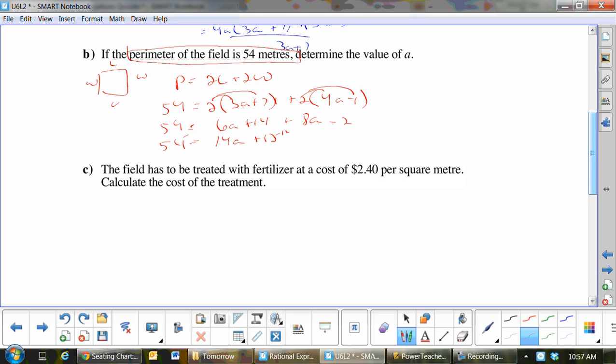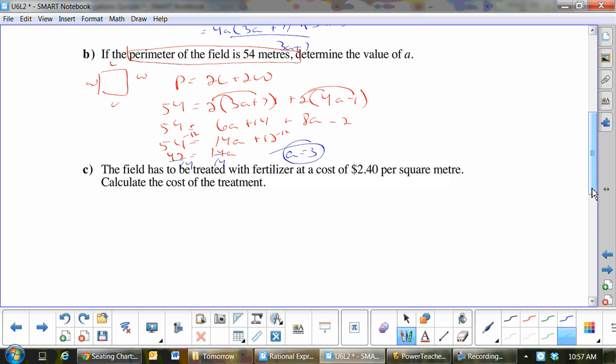Subtract 12. Subtract 12. Yeah, 14a, that's right. Okay, and then subtract 12. So I'll get 42 equals 14a. And then all you have to do now is divide by 14. A equals 3. That's the value of A.